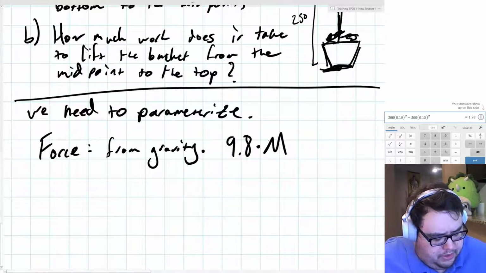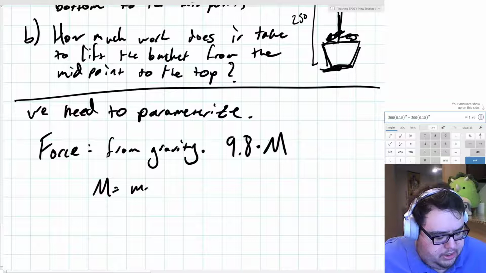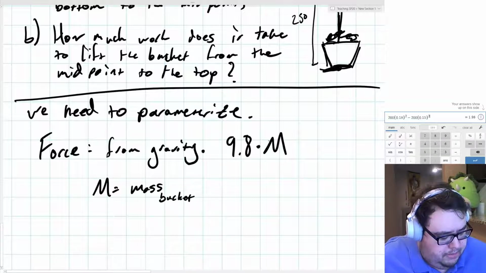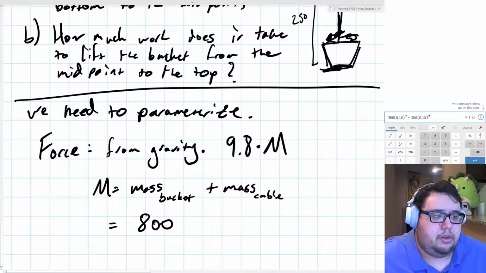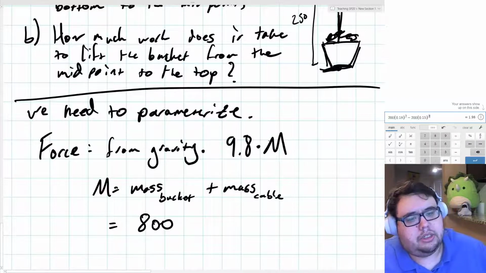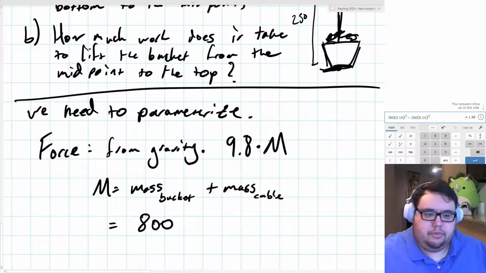The mass we're lifting is the mass of the bucket plus the mass of the cable. The mass of the bucket is easy. That's 800 pounds. The mass of the cable is a little bit trickier, right?